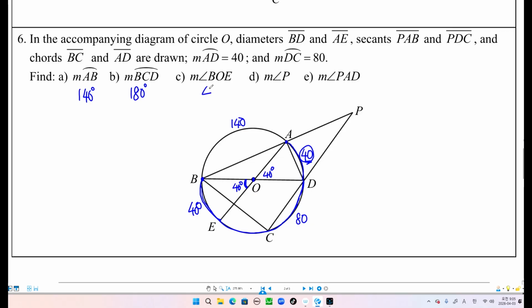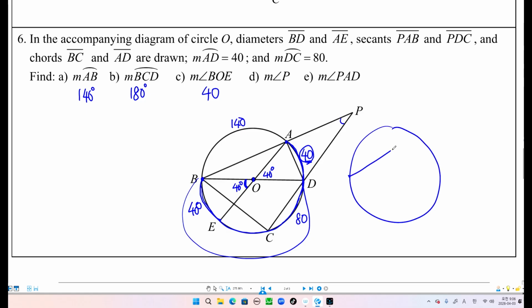This is also 40. Angle P. Angle P, we got already 40 over here. So we need to find from here all the way down here, right? Okay? Maybe can you see that? This one, built over here. Okay, here.